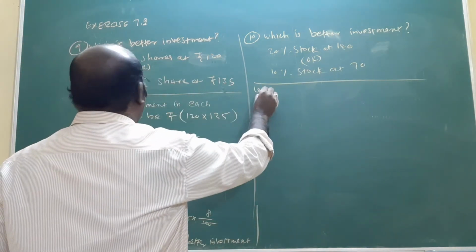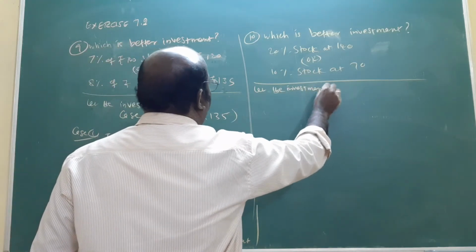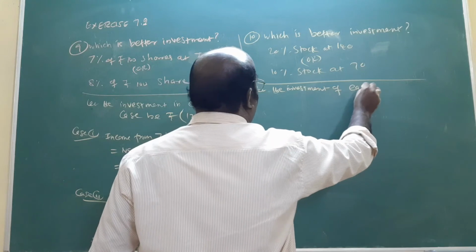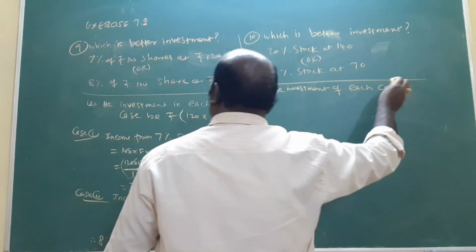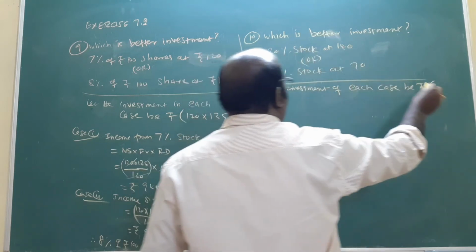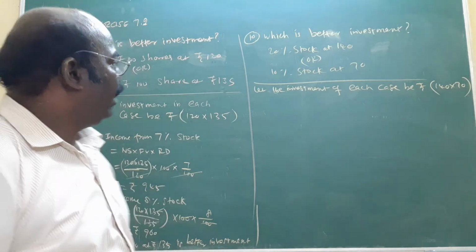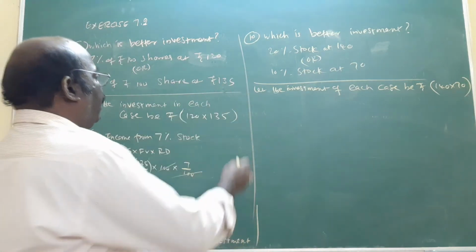Combine. Let the investment in each case be rupees 140 into 70. Am I right? Investment over. Now case 1.